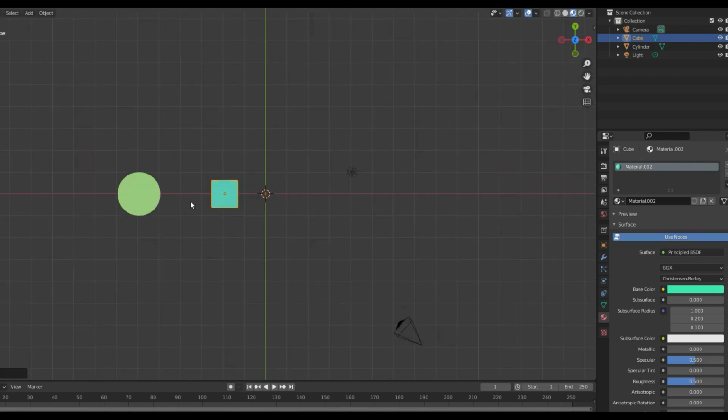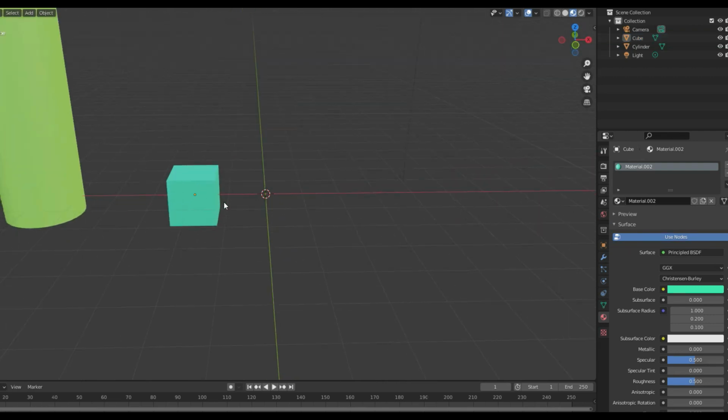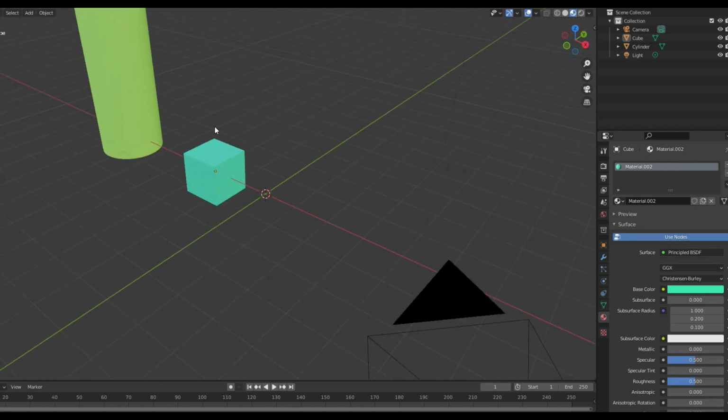So the area of this is 1 unit square, and the length is 1. The length is this way, but in the end it's a cube that you're looking at. It's the resistance of this particular cube, whatever the material may be, which is equal to the resistivity.